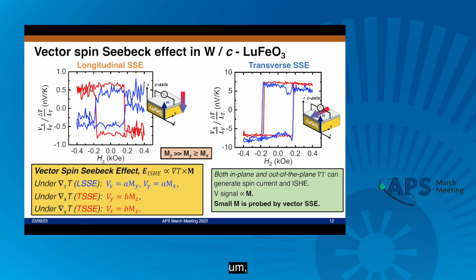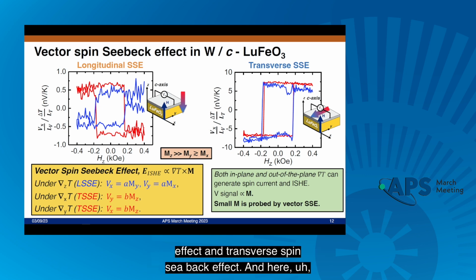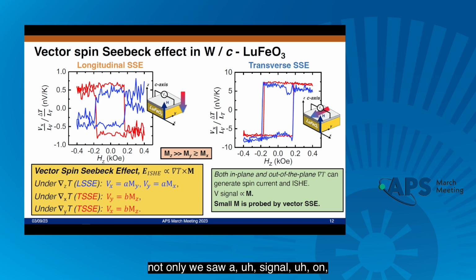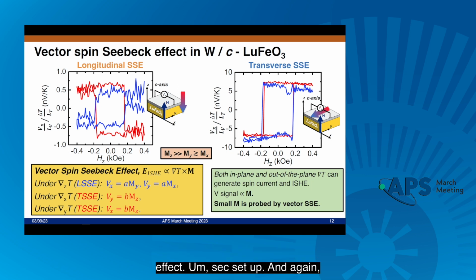So now let's do a side-by-side comparison between the longitudinal Spin Seebeck effect and transverse Spin Seebeck effect. Here, not only did we see a signal on the transverse Spin Seebeck effect, this signal is 10 times larger than the longitudinal Spin Seebeck effect setup.